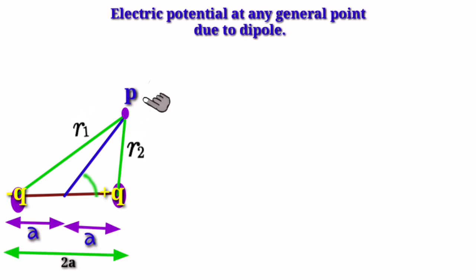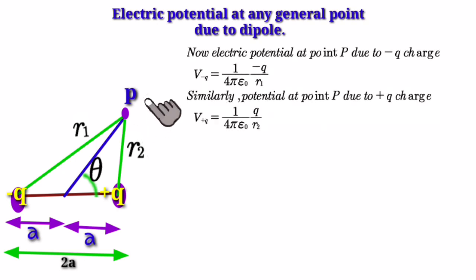Since the distances of the point P from minus q and plus q charge are small r1 and small r2 respectively, the electric potential at point P due to minus q charge is V minus q is equal to 1 by 4 pi epsilon naught minus q by r1, where r1 is the distance between the charge minus q and the point P. Similarly, the potential at point P due to plus q charge is V plus q is equal to 1 by 4 pi epsilon naught plus q by r2, where r2 is the distance between the charge plus q and the point P.